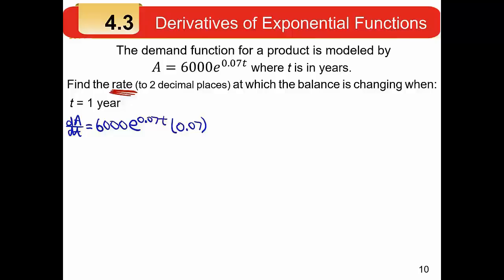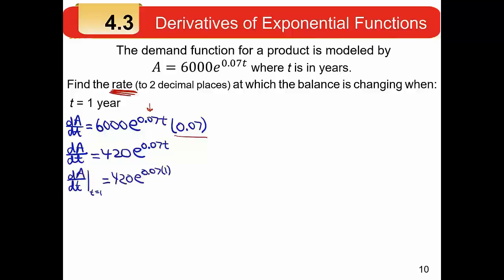The derivative formula for the exponential says you write the exponential down and then you multiply by the derivative of the exponent. Well, the derivative of 0.07t is just 0.07. If you multiply 0.07 times 6,000, you get 420, so you end up with 420 e to the 0.07t.